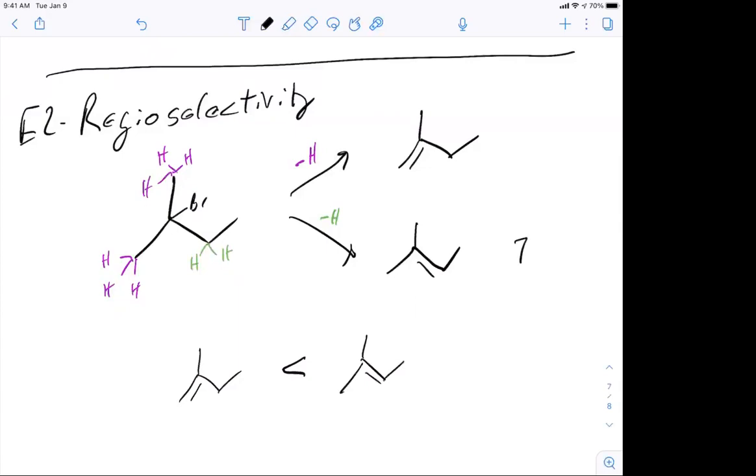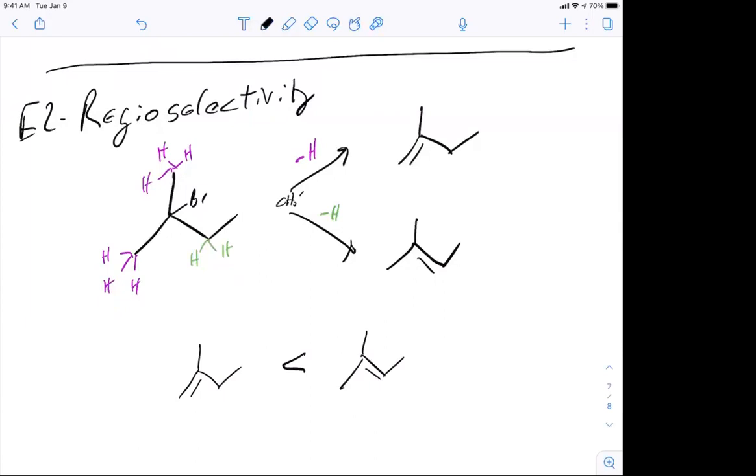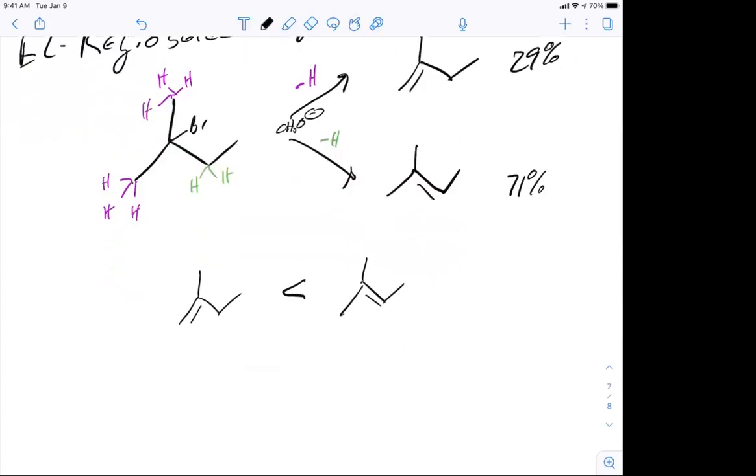So therefore, what we see is that if we used something like a methoxide as my base, I see a 71% to 29% difference between these. So it favors the more stable. And this one is more stable because it has a higher substitution. And that is related to the hyperconjugation.